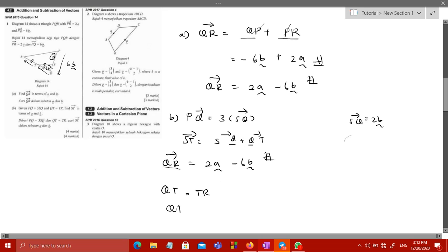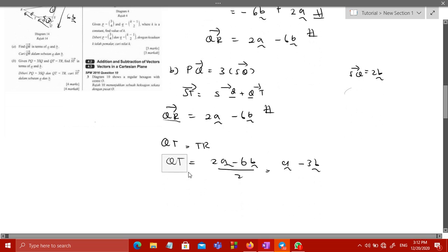So QT is 2a minus 6b divided by 2, which is a minus 3b. So we get our information, QT is equivalent to this.